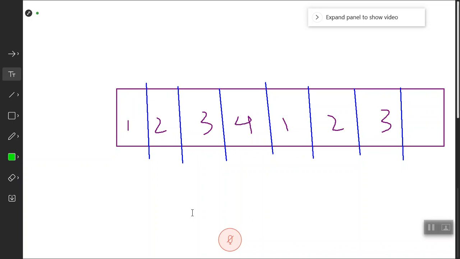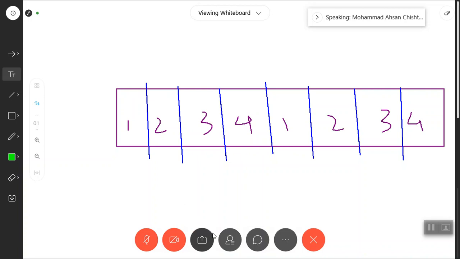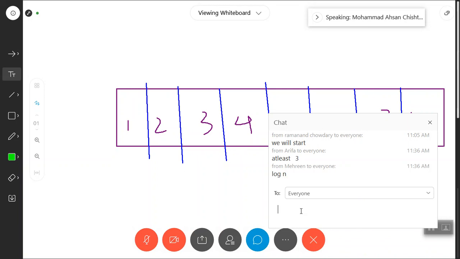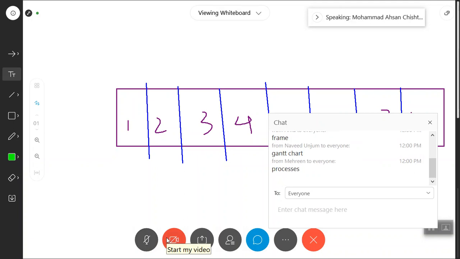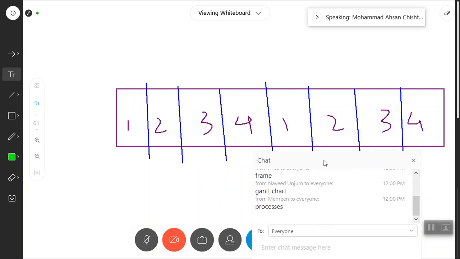What does this remind you of? Anybody? Have I shown something like this before? Ramanand, who else is there? Gantt chart, exactly. Yes, Naveed has replied there as well. Yes, this is a Gantt chart, but the Gantt chart of what? Which scheduling algorithm?